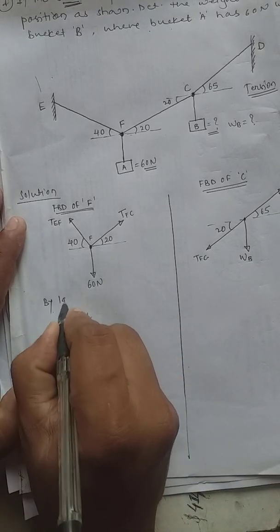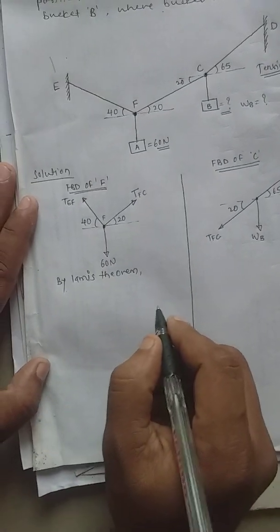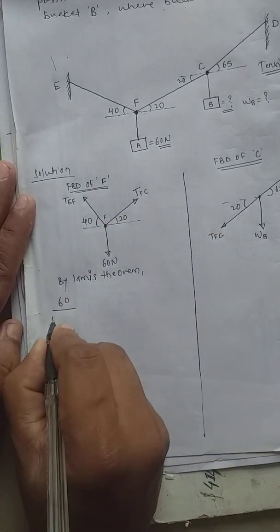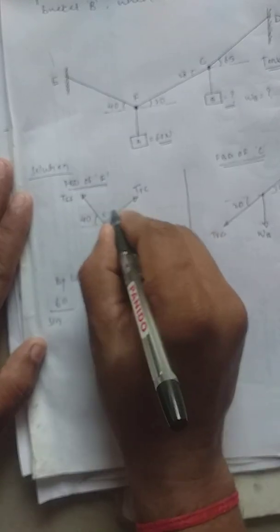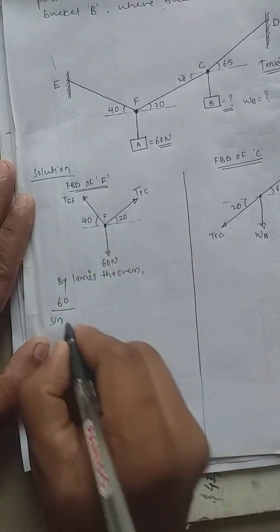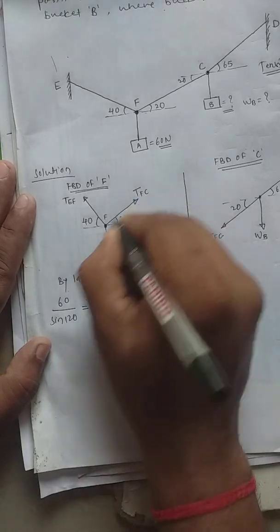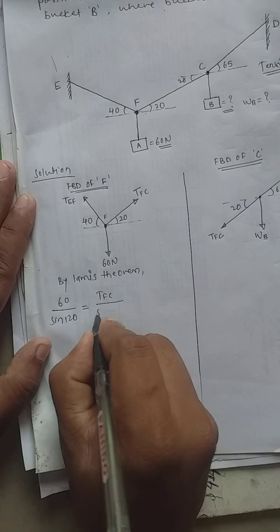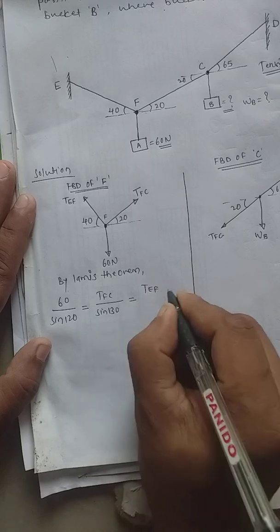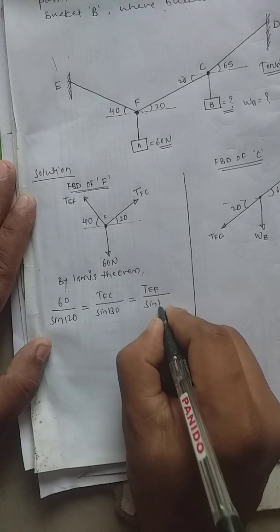So by Lami's theorem, what is Lami's theorem? This: 60 divided by sine of the angle between the remaining two. The total angle will be 180, so 180 minus 20 is 160, 160 minus 40 is 120. So sine of 120 is equal to TFC divided by sine of this angle, 90 plus 40, so sine 130, is equal to TEF divided by this angle 110, 90 plus 20, so sine 110.